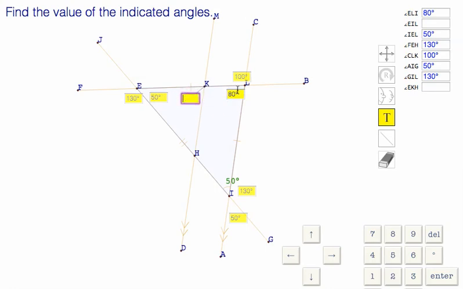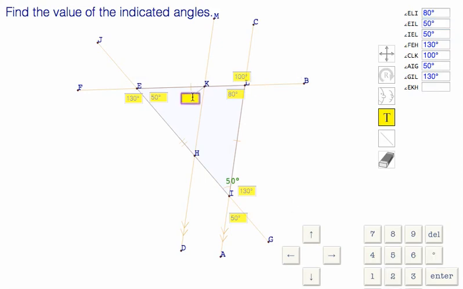This angle is corresponding to angle ILK. Where's my EIL gone? E to I to L. That's right here, and it doesn't have a label on it, so I'm just going to put that on. So 50 degrees.